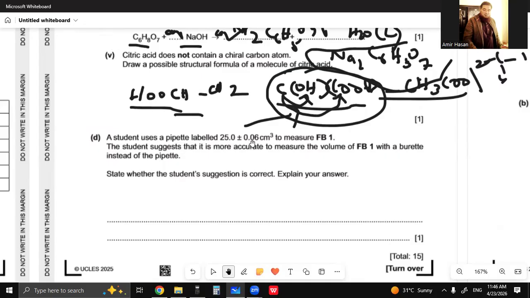And for this, he uses a pipette label. In the pipette, there is a label reading of 25 plus minus 0.06 FB1. The absolute value is also given, just like 0.06 is also given in the question.